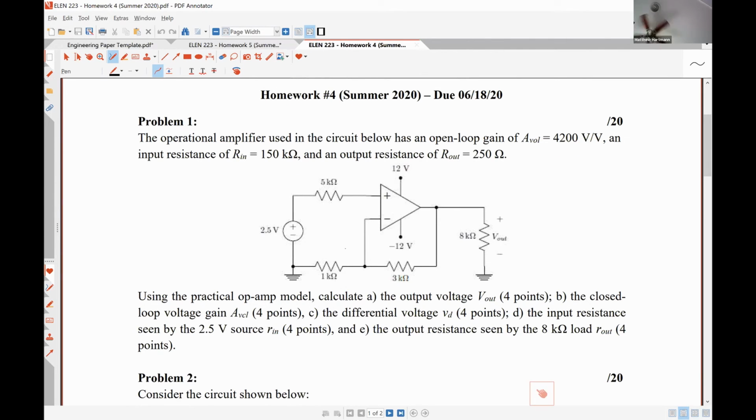Right, but this is a non-inverting amplifier, and that was for an inverting amplifier. This seems like it makes sense because the only place the current can flow is actually into the op amp, but I'm just not sure. Yeah, let's find out.